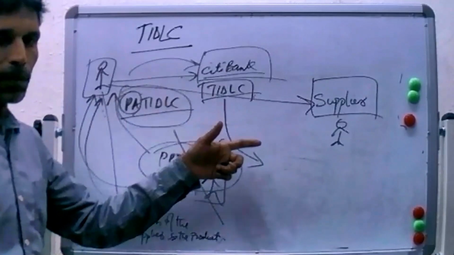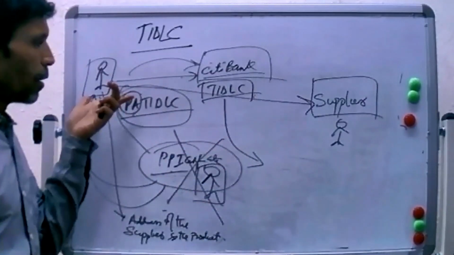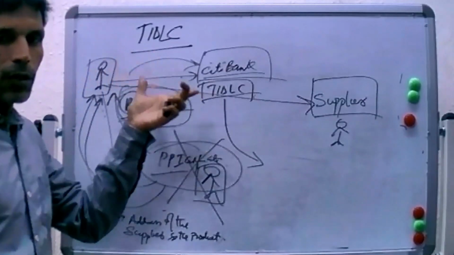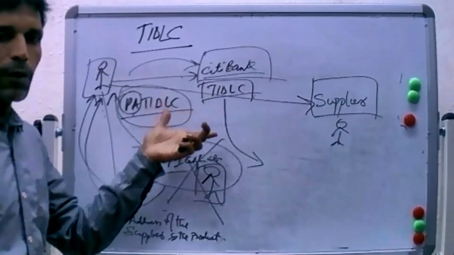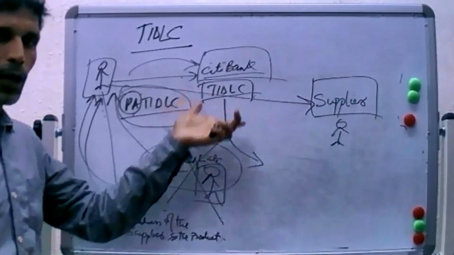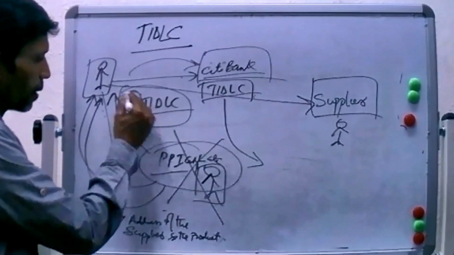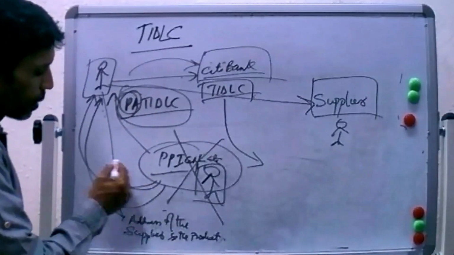So you ask the buyer if he is going to give any IDLC or CIDLC, confirmed irrevocable documentary letter of credit, or irrevocable documentary letter of credit, or TIDLC, etc. You ask him to open a PA TIDLC because you are going to provide the PPI certificate.